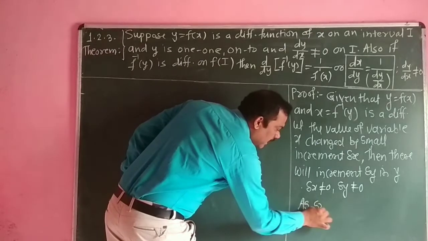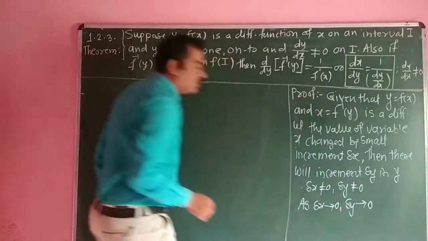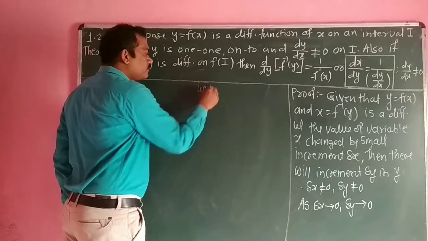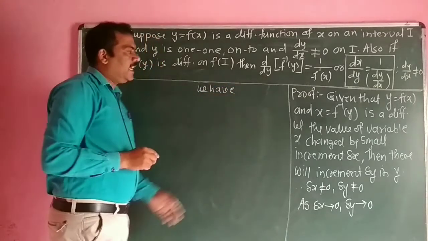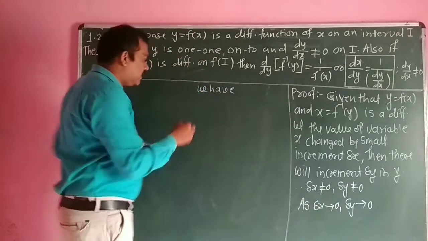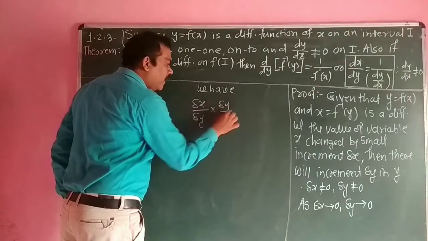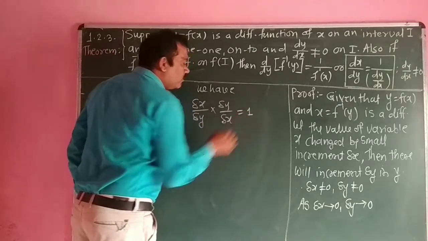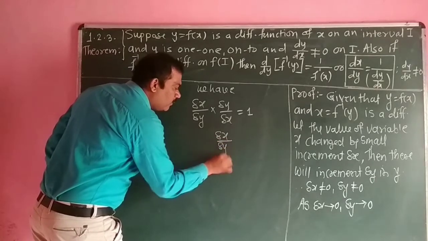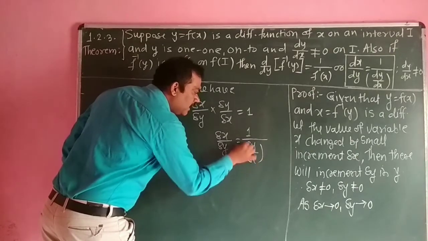Now, as delta x and delta y are the increments in the values of x and y, we have to consider that delta x divided by delta y into delta y divided by delta x is equal to 1. From this we can write delta x divided by delta y is equal to 1 upon delta y divided by delta x.